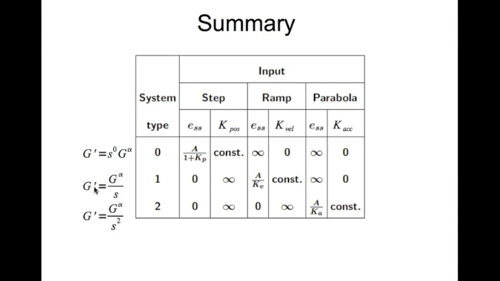That's what I meant, that for g dash you can factor out a 1 divided by s. And for system type 2, you'll be able to factor out an s squared from g dash. So g alpha is again a rational function of s from which you cannot factorize an s squared. That's the end of our lecture.